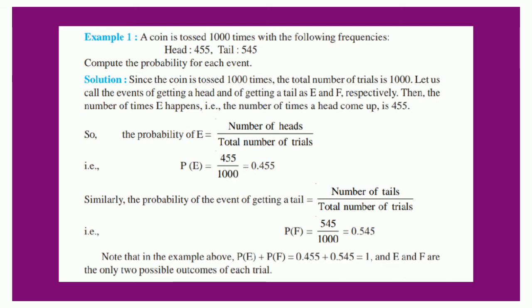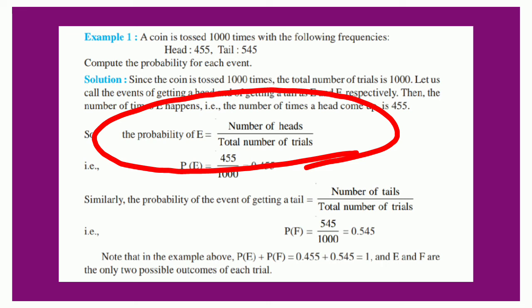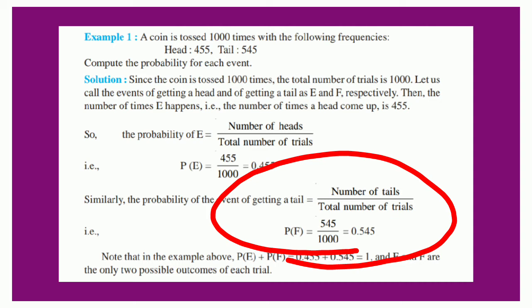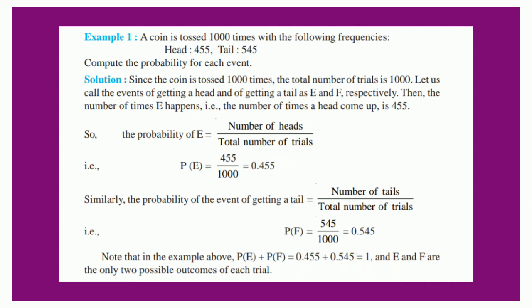So what is the formula? The number of trials in which the event happened divided by the total number of trials. That is the probability of E. Simply we can write the probability of E is equal to the number of heads divided by the total number of trials. That is P of E is equal to 455 divided by the total number of trials, 1000. So the answer is 0.455. Similarly, the probability of the event of getting a tail: number of tails divided by total number of trials.